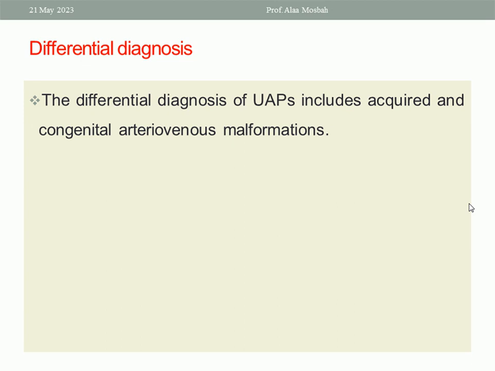I can differentiate via color Doppler ultrasound, MRI, and angiography. Okay? And both of them can be treated with uterine artery embolization.